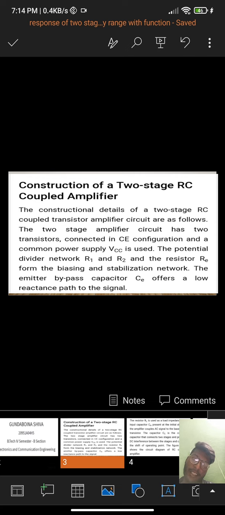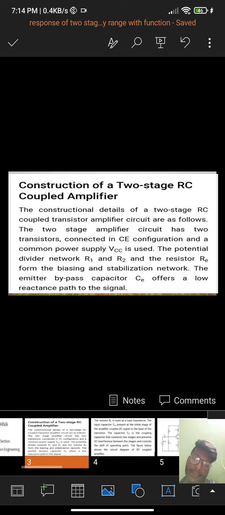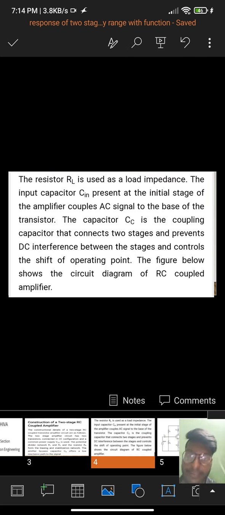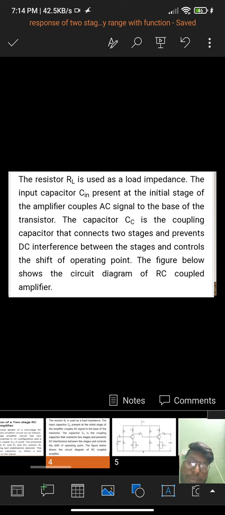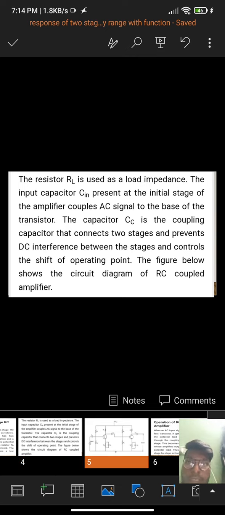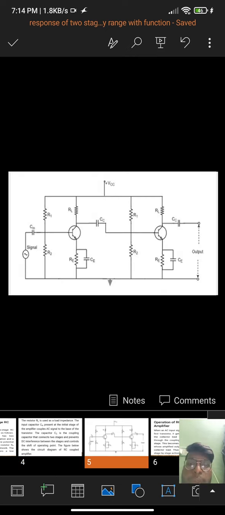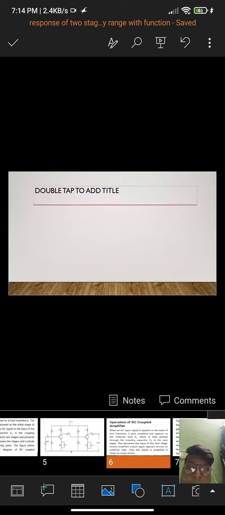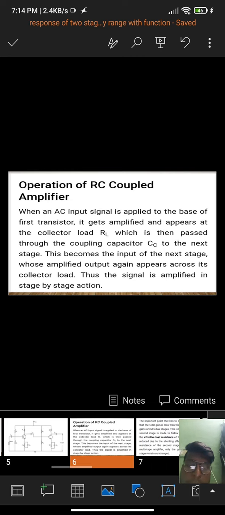This is the construction of the two-stage RC coupled amplifier. Diagram of two-stage RC coupled amplifier. Operation of RC coupled amplifier.